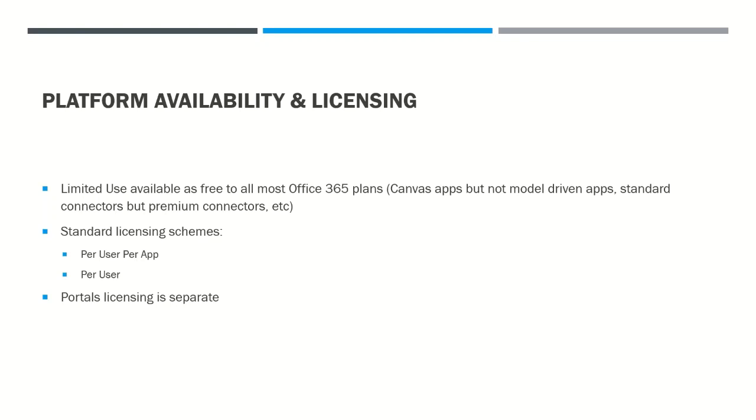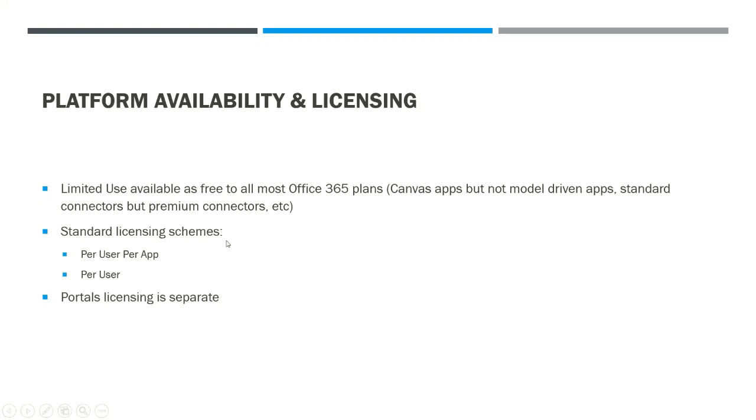So if you or your customer already has a Microsoft 365 plan, it makes sense to use this offering and create internal applications, either by themselves or by their vendors, by you people, on the platform, since it is available and there are no extra licensing costs. But when we say limited, it means Canvas apps are available, but model driven are not available.